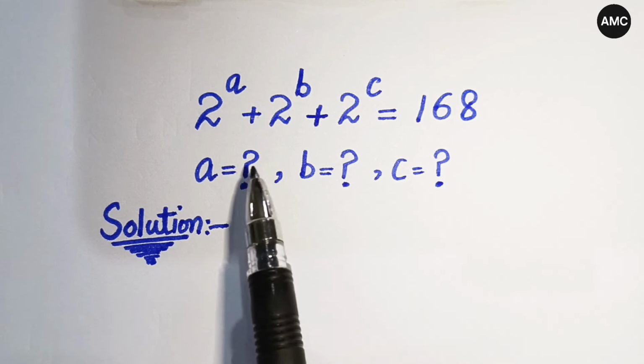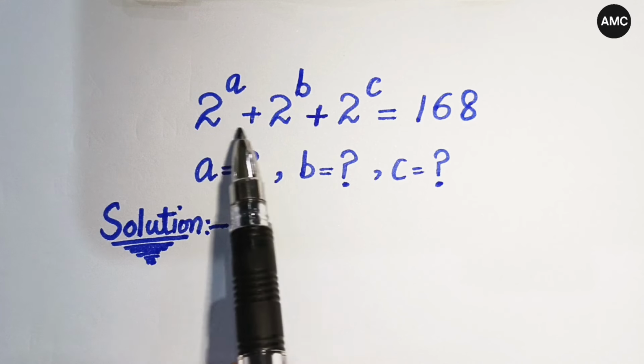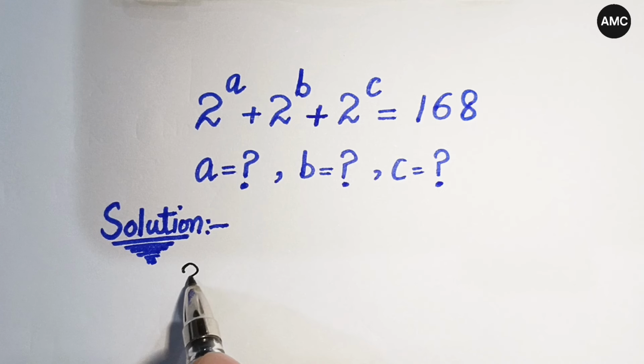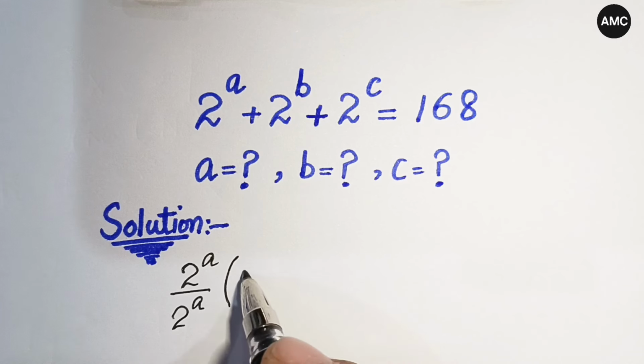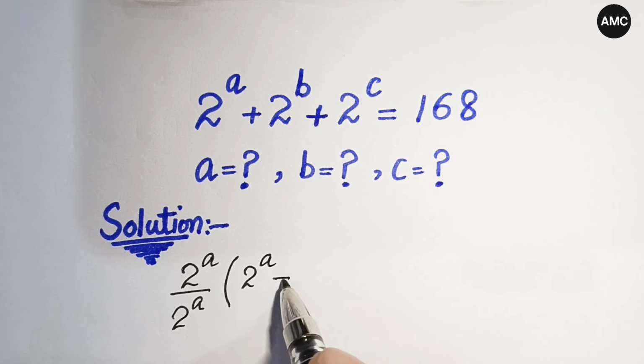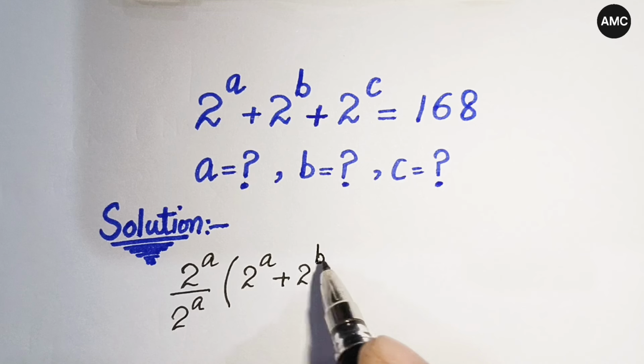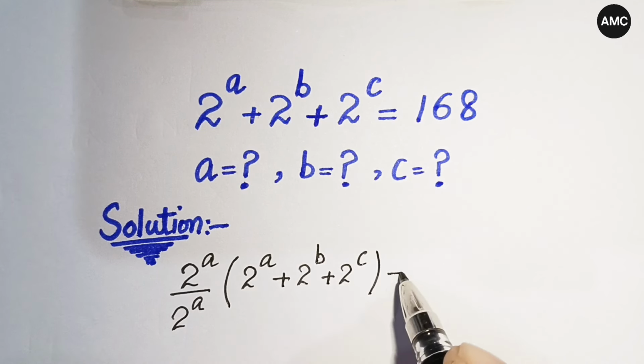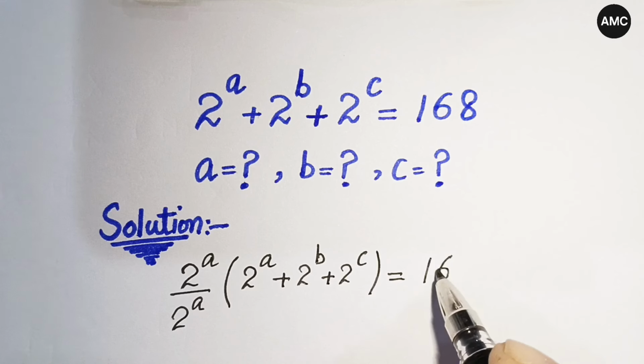First of all, we are going to multiply and divide the left hand side by 2^a. So here, 2^a over 2^a times (2^a + 2^b + 2^c) is equal to 168.